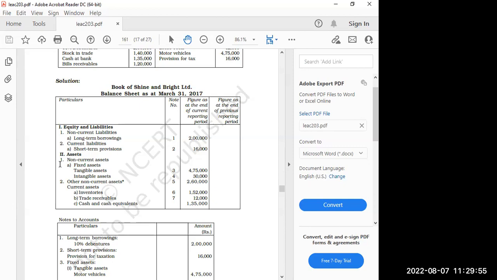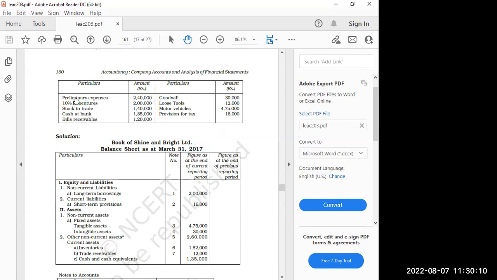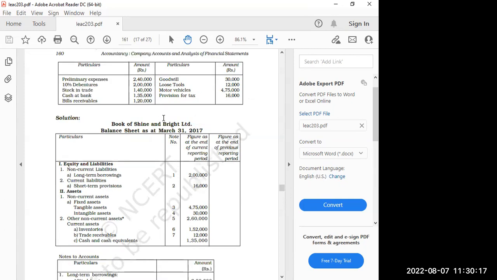Okay, so write down this balance sheet, equity and liabilities. Under that, first one is non-current liabilities. We don't have the equity. Is equity share given in the question? Look at the question. There is no equity given, so we cannot write it. So write only long-term borrowings.